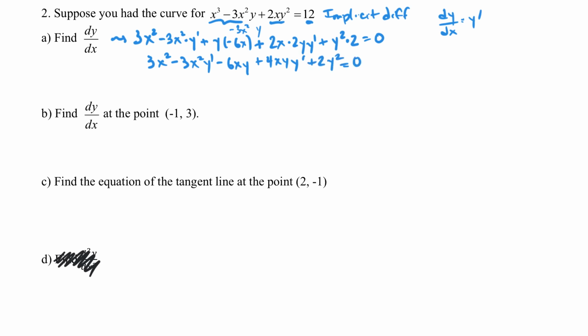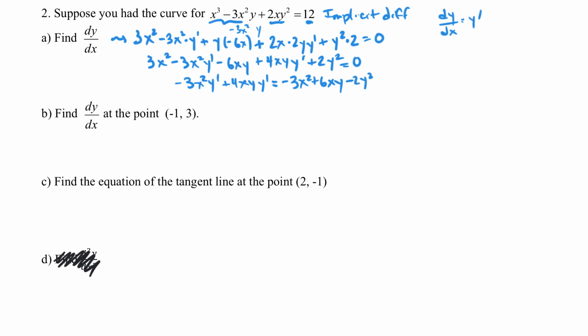And then I will go ahead and see what I could do as far as putting the y primes together. So this becomes -3x squared y prime plus 4xy y prime, and then bring the others over to the other side. So that'll give me -3x squared plus 6xy minus the 2y squared.